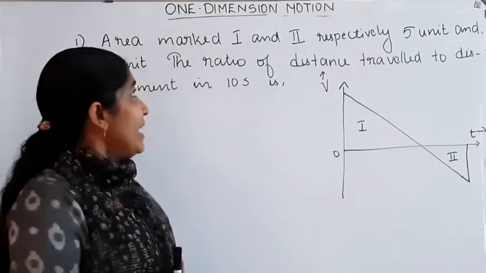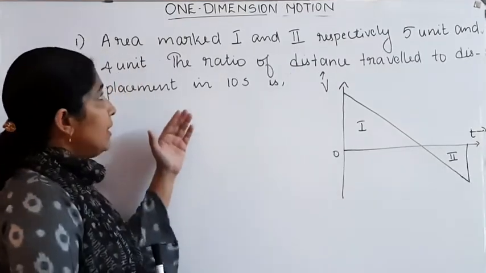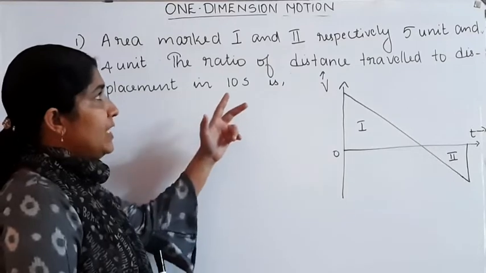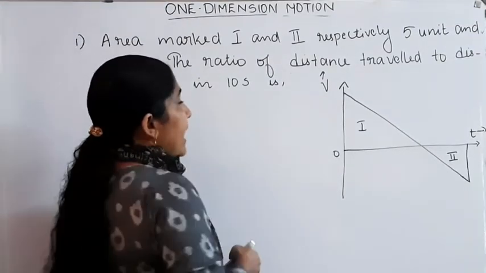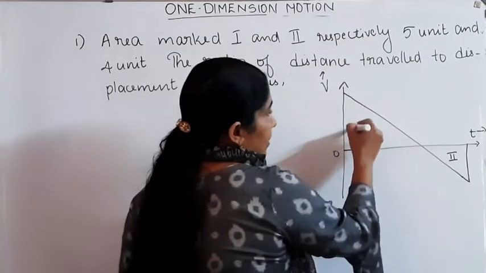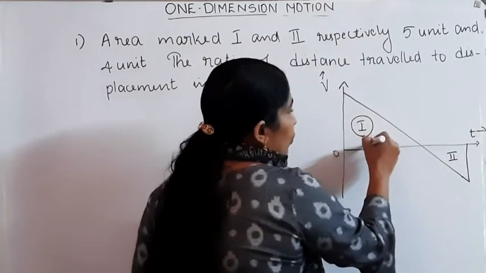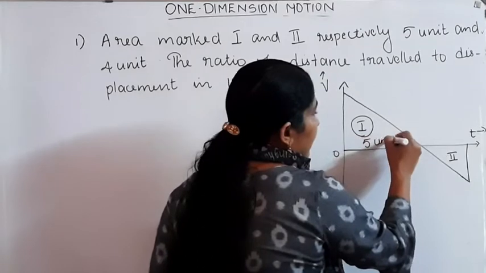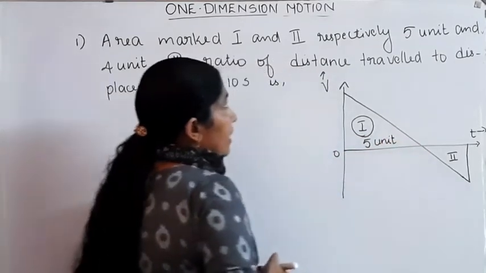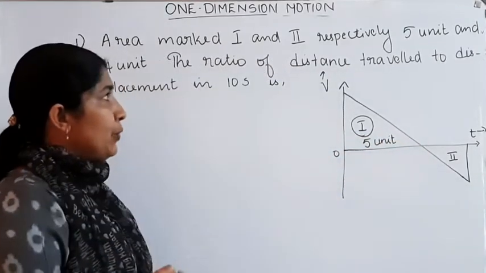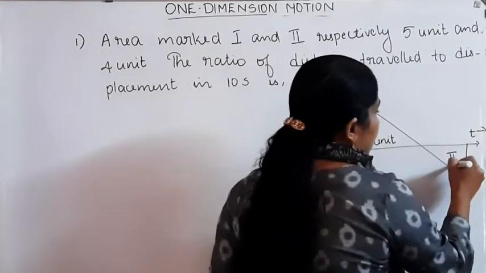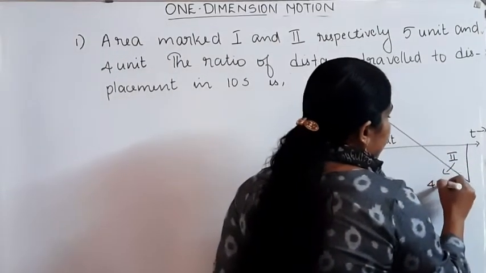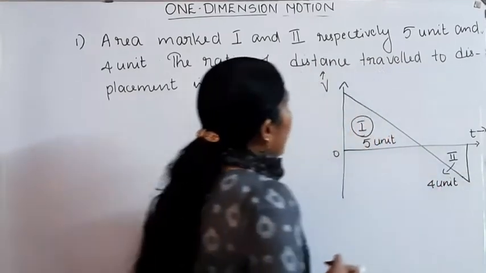A third question. Areas marked 1 and 2 are respectively 5 units and 4 units. Area marked 1 gives 5 units and area marked 2 gives 4 units.